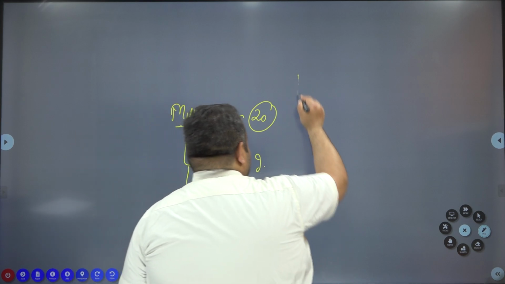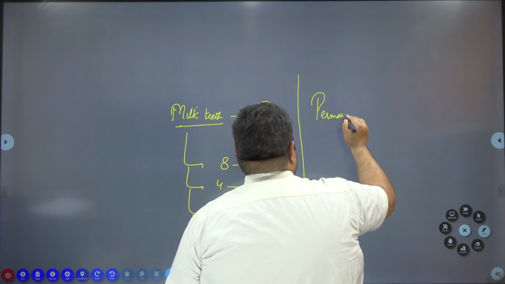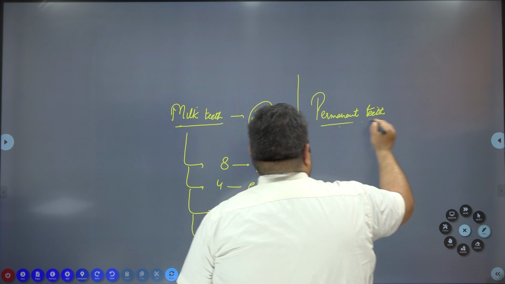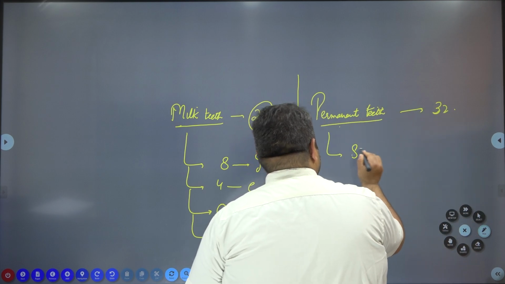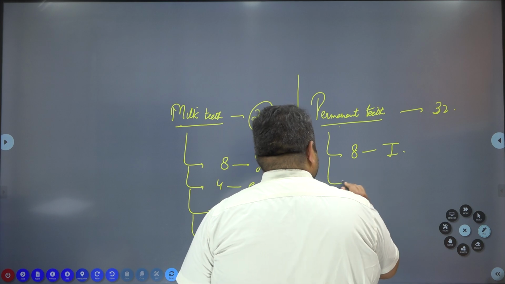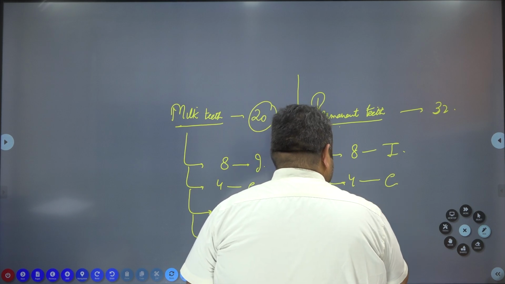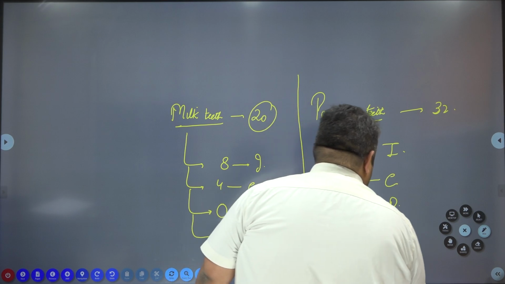And talking about the permanent teeth, they are 32 in number: 8 incisors, 4 canines, 8 premolars, and 12 molars.